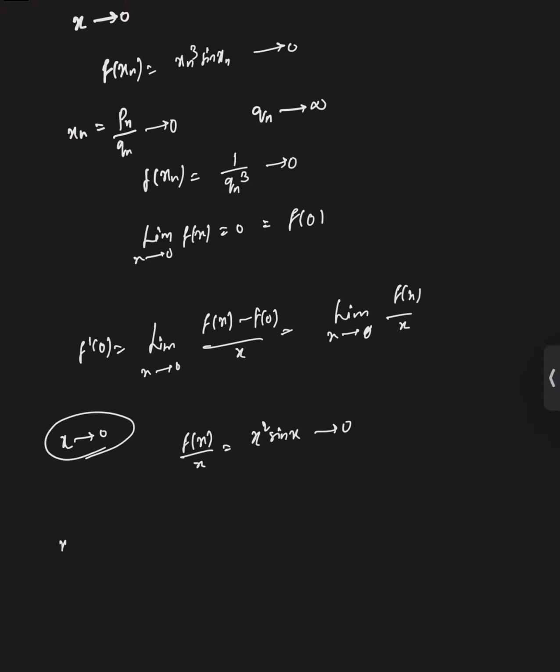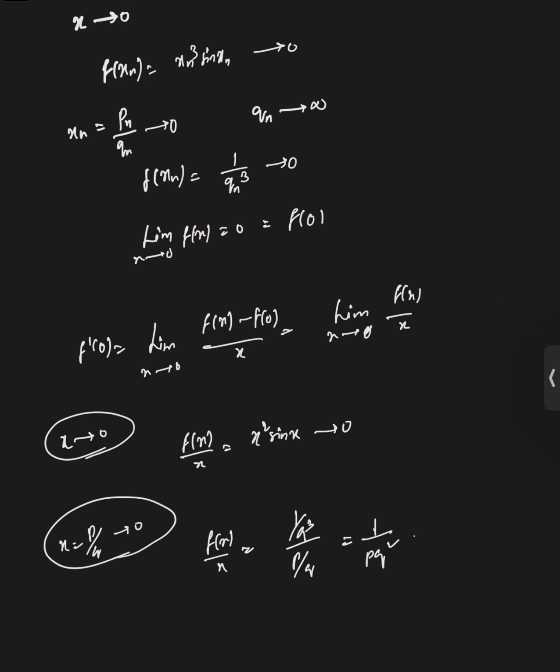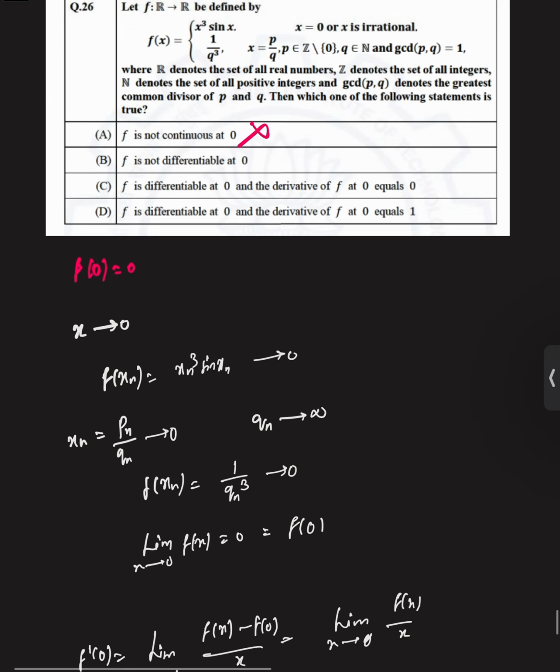Now for a rational number x being p by q, as it tends to 0, f of x by x is 1 by q cube divided by p by q, which is 1 by p q square. So this also tends to 0 as x tends to 0 because q tends to infinity. Therefore f dash of 0 is 0. So that means f is differentiable at x equal to 0 and the derivative is equal to 0.